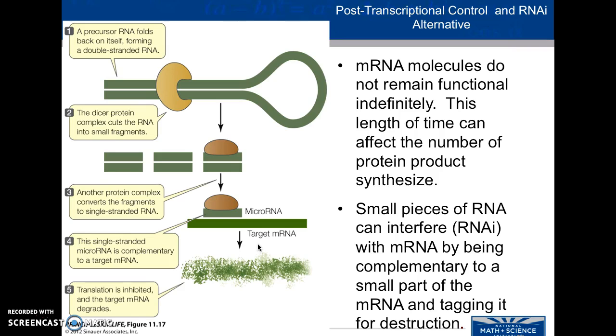Another post-transcriptional control is that mRNA molecules do not remain functional indefinitely. The length of time that it can create proteins varies. Small pieces of RNA can interfere with mRNA by being complementary to a small part, and tagging it for destruction. Essentially, it starts to degrade eventually, and so my ability to make proteins is going to start to turn off.